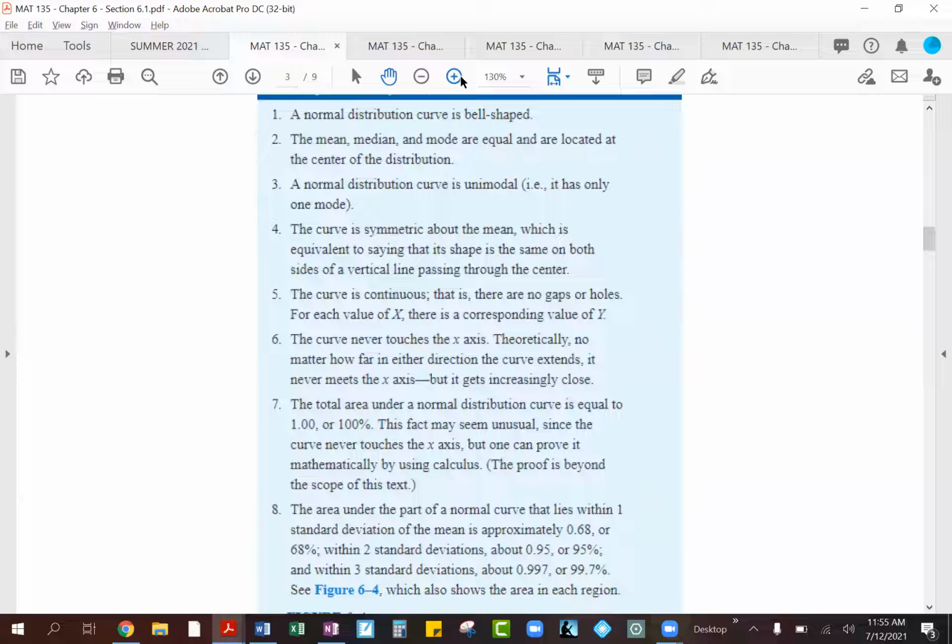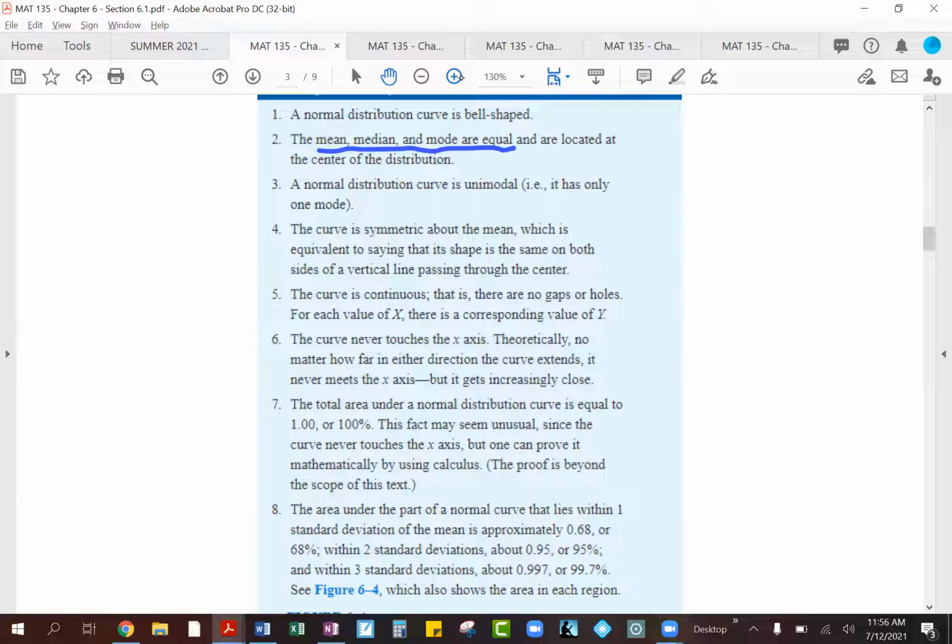One thing you have to keep in mind when you're talking about things being normally distributed, your mean, median, and mode, all of them are going to be the same exact value. So they will always be equal to each other. If you remember from what you did in chapter 3, depending on your data set, your mean, median, mode can be 3 different values.